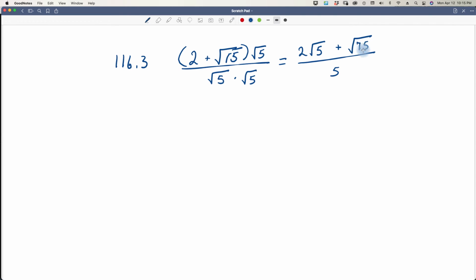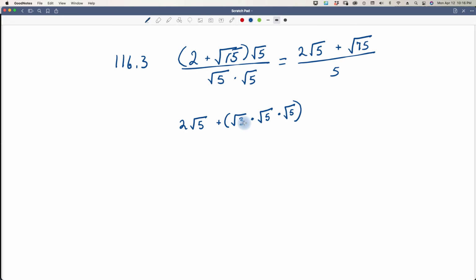Okay, this can be simplified. So let's rewrite it down here. 2 times the square root of 5 plus, and 75 is going to be 3 times the square root of 5 times the square root of 5, right?